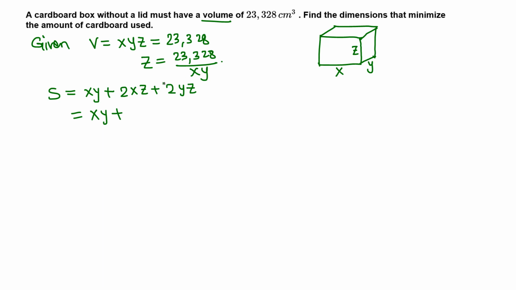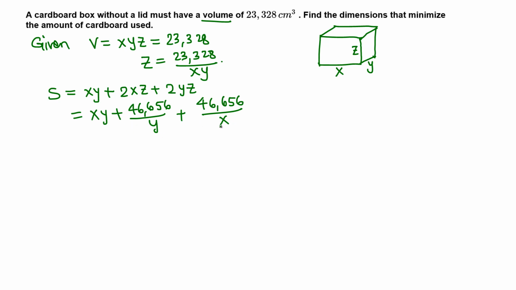Then x and x cancel, so this is 46,656 over y, since we have x, cancel x, plus, similarly z is this, so 2 times 23,328 is 46,656 over x, canceling the y on the bottom. Okay, now this is our surface area function.